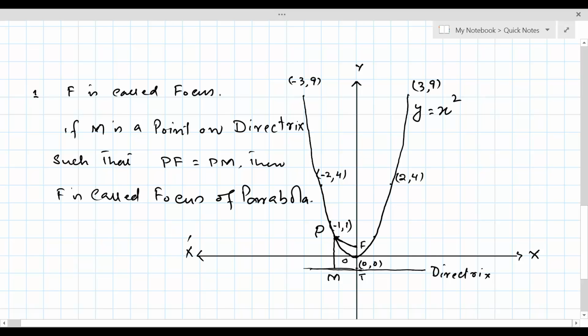And consequently, this is the point on the graph of y is equal to x squared.